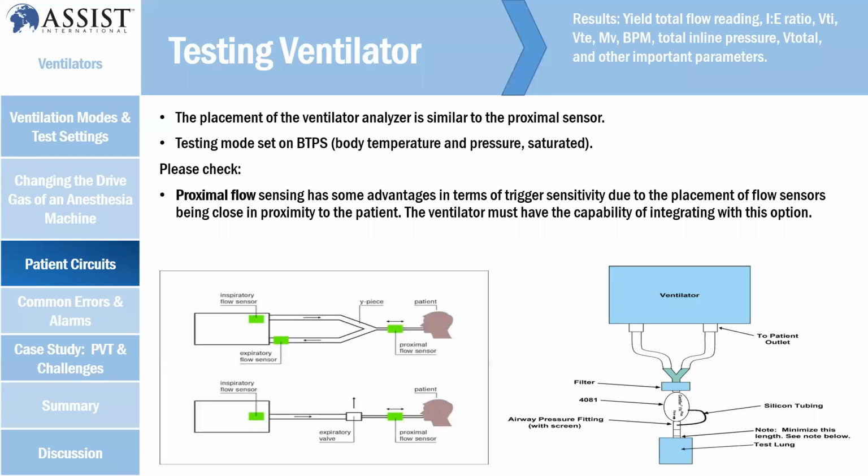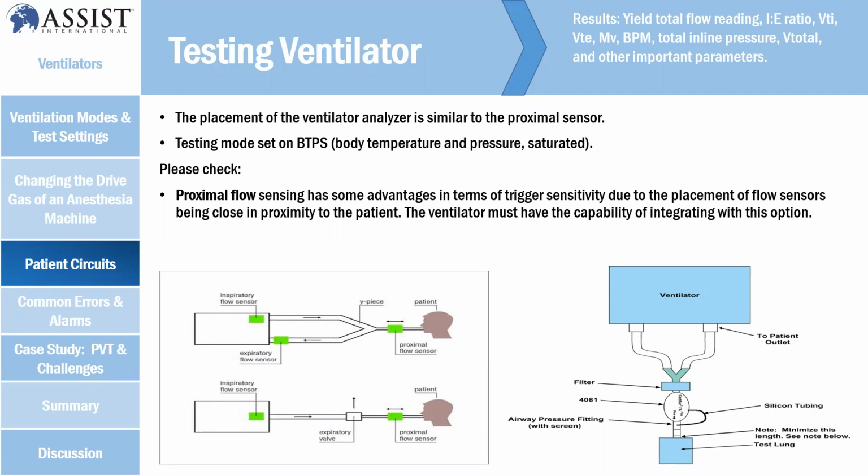So that's the reason when you do testing on ventilator, you are using your ventilator analyzer at this particular point, at the Y point, and at the end of the inspiratory line for single limb, because you want to know the total NIV, non-invasive ventilator output.